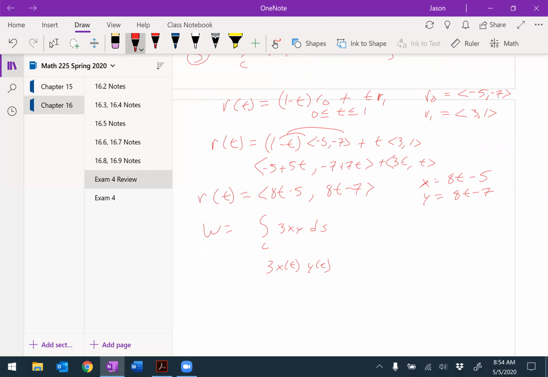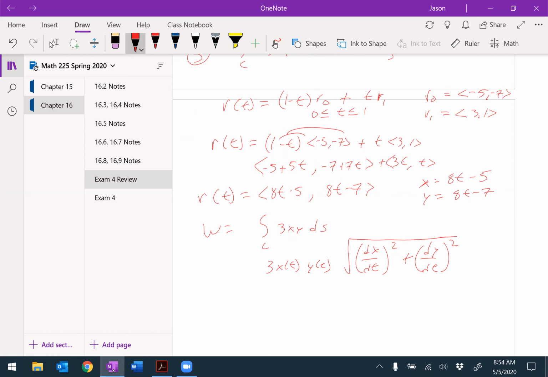Now ds in the line integral, that's the square root of 1. Nope, it's not 1. It's the square root of dx dt squared plus dy dt squared. Pretty sure that's correct.